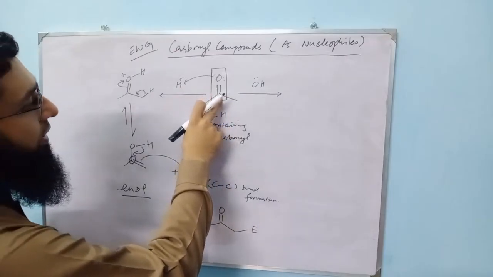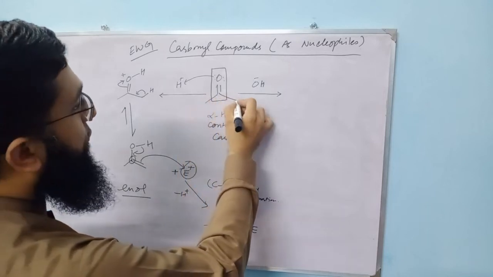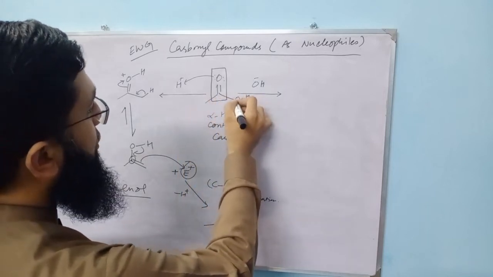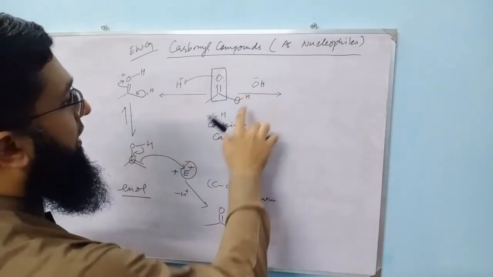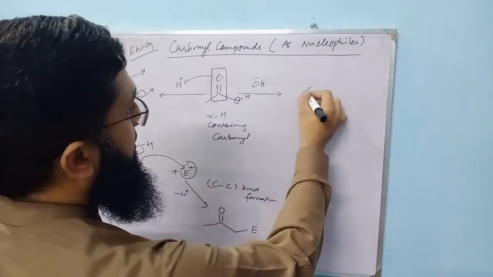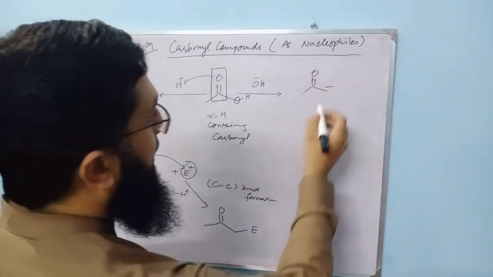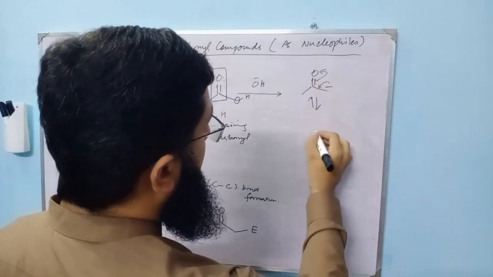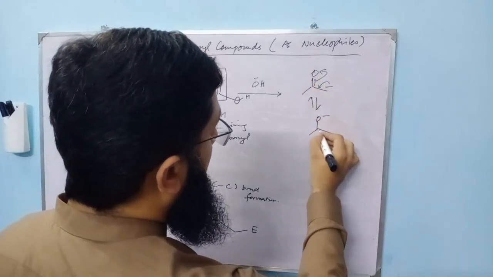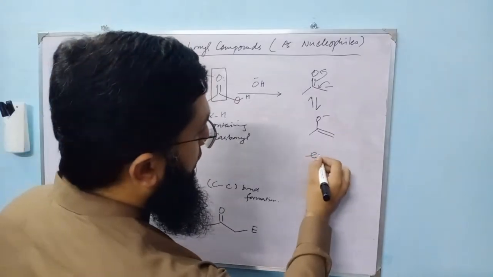As a result it also inductively pulls electrons towards itself, therefore the electron density on this carbon gets lowered, and this proton can be abstracted by the base, and as a result we get this anion, and this can shift here and this can shift here, and we get this anion which is called enolate.